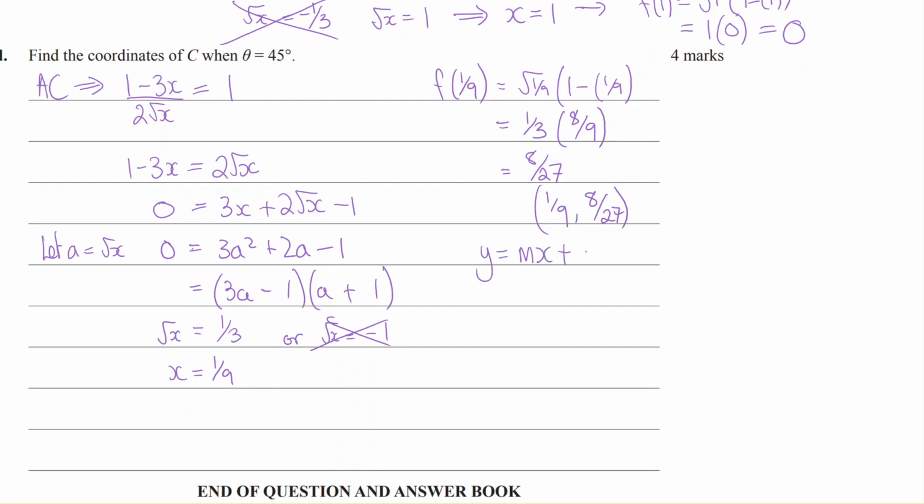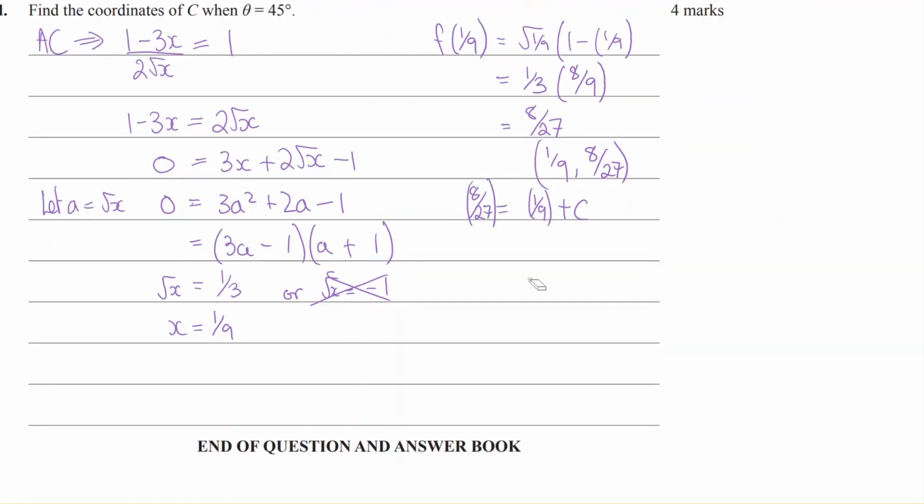Now that we know that, we can use that information because what we're after is y equals mx plus c. We know that m is 1, so we now get y equals x plus c, and when we substitute in these coordinates, our x value being 1/9, our y value being 8 on 27, we can find our c value. So 8 on 27 minus 1/9, I'm just going to change this to being 3 on 27, just to make my life easier.